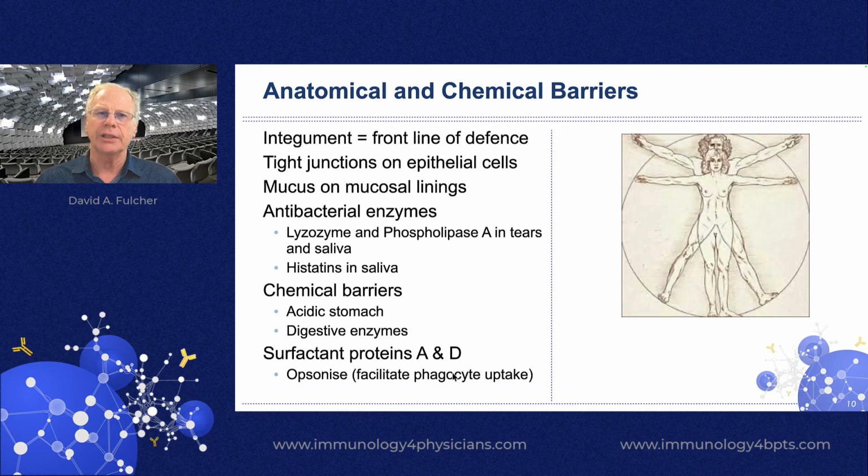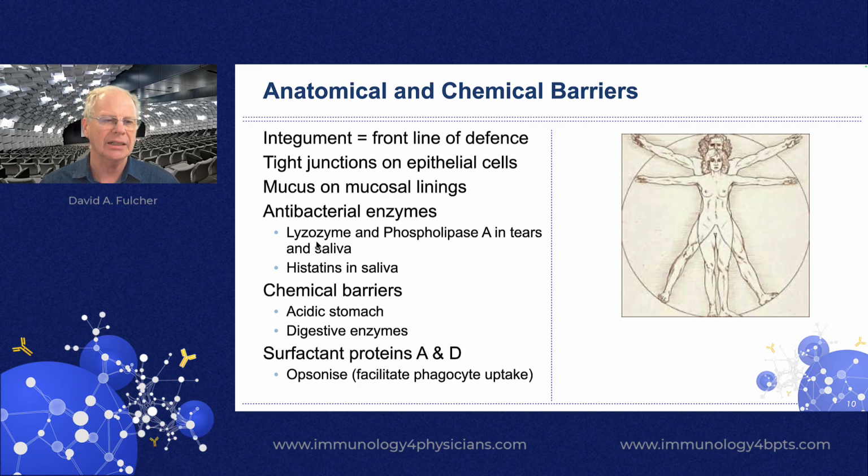All right, now the first thing that protects us, it's sort of innate-like, if you like, is the integument, basically the balloon that protects us from the outside world. It's not very interesting immunologically, but we can't ignore it. Basically, we have tight junctions on epithelial cells, mucus on mucosal lining. We have antibacterial enzymes along the surfaces, such as in tears, saliva.